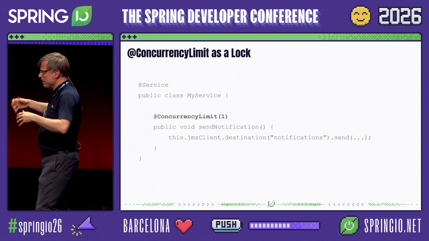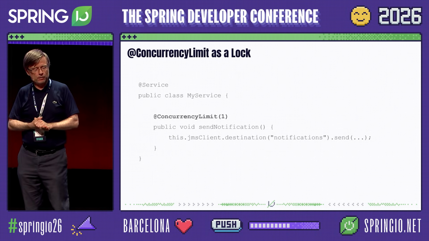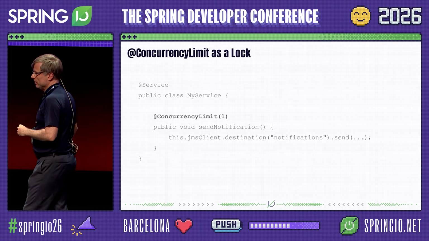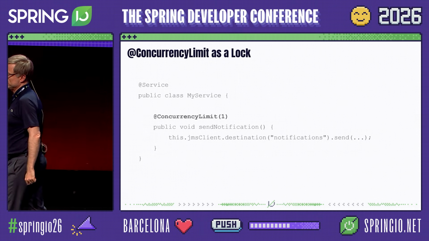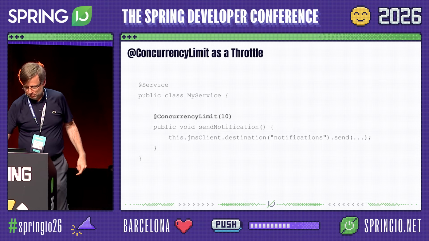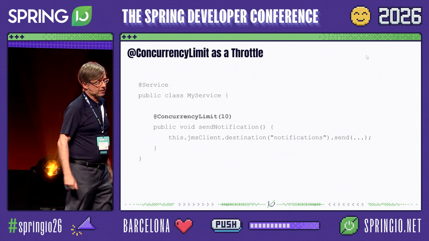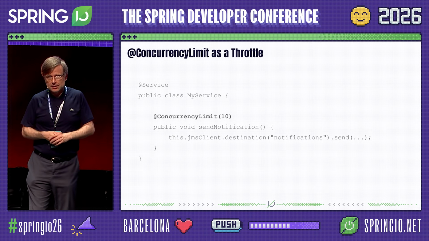The service itself may be hit by whatever number of requests at the same time. This method, you only want to be hit by one thread at the same time, or 10 threads at the same time, or if there's a placeholder, by a configurable number of threads at the same time. It's as simple as this.